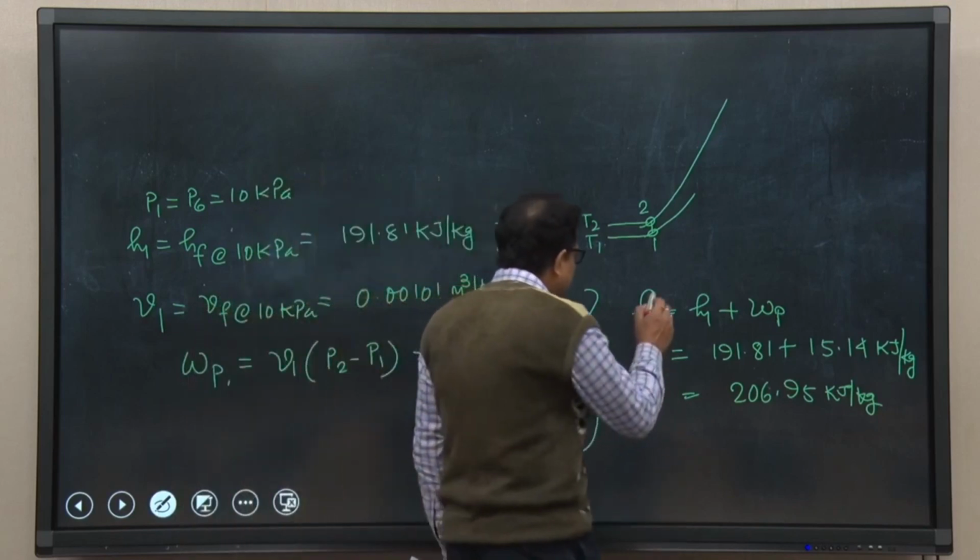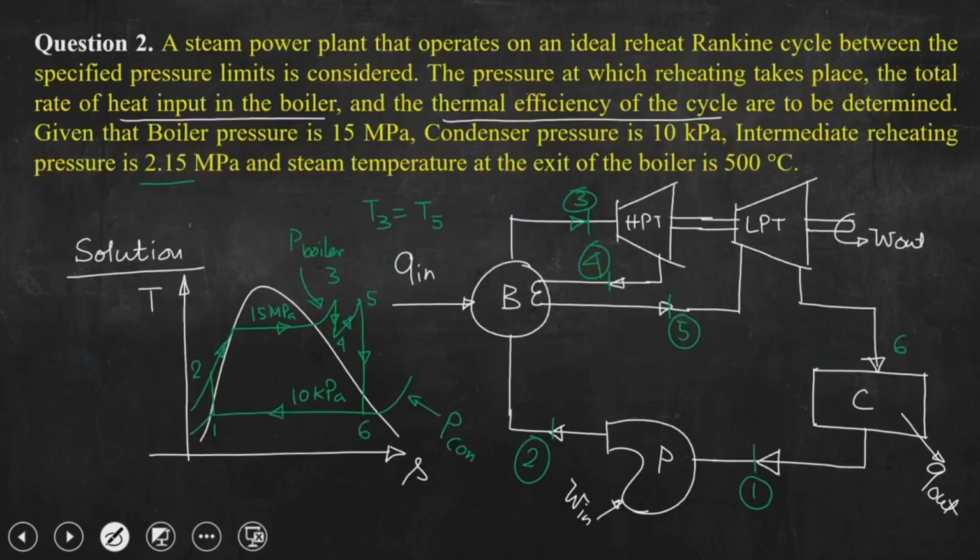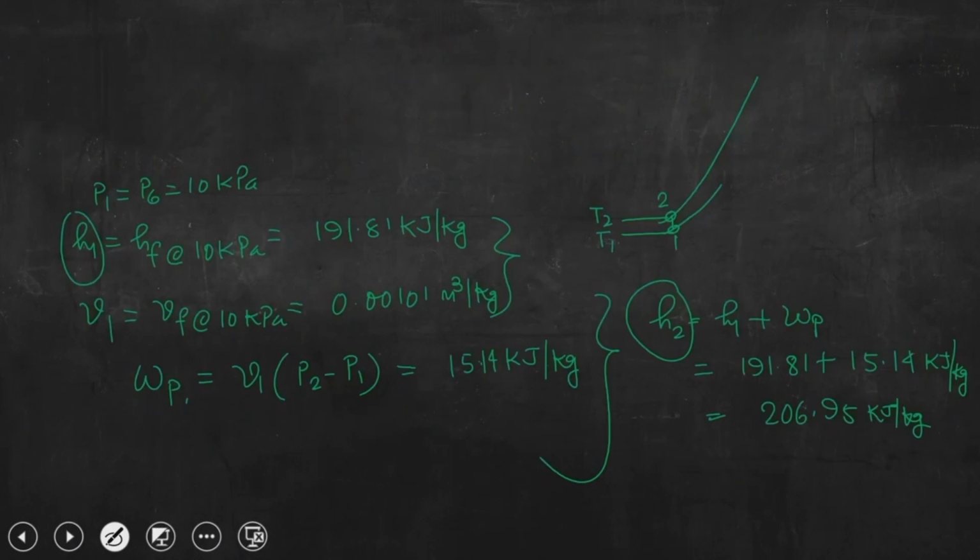So, we have calculated enthalpy at state point 2, we have calculated enthalpy at state point 1. Essentially, if we can calculate enthalpy at several state points, then everything we can calculate. Fine. So, the next target should be to calculate enthalpy at state points 3, 4, 5 and 6.